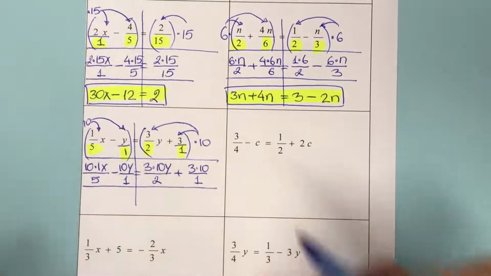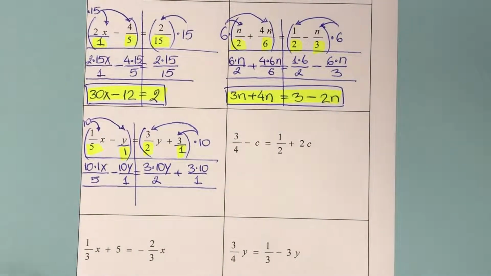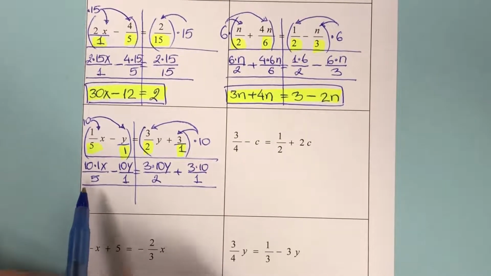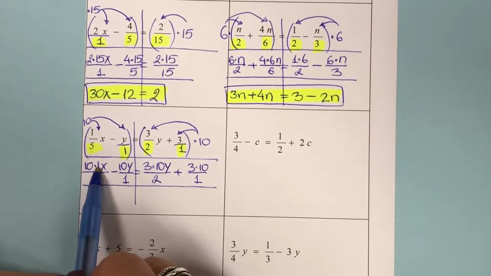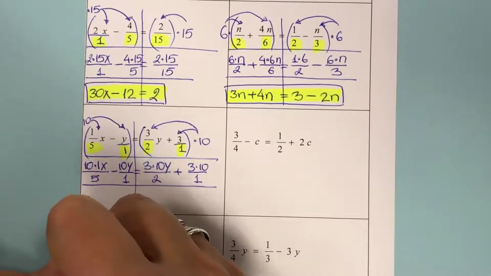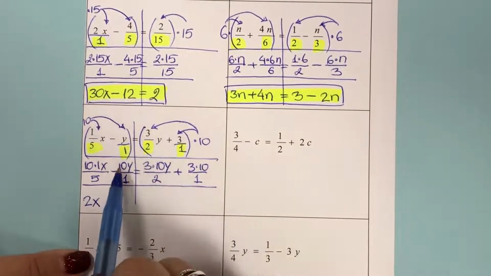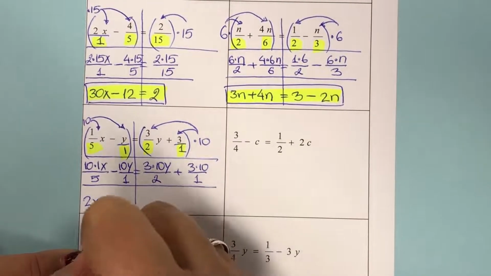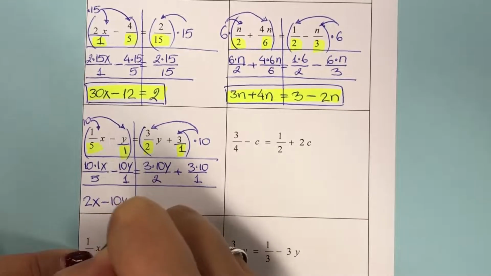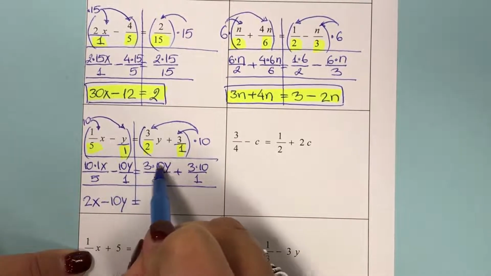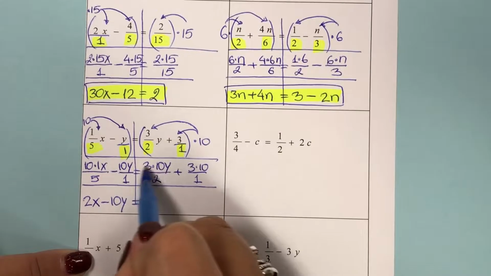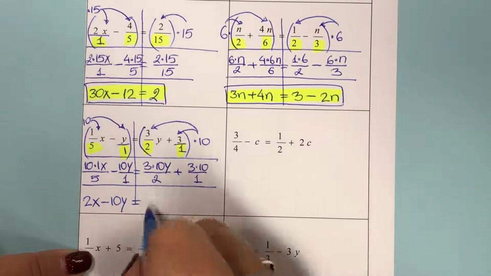Denominators stay, numerators we multiply. Simplifying clears out the denominators. So 10 times 1 is 10, divided by 5 is 2. That will be 2x, minus 10 divided by 1 is 10. 10 times 3, 30, and then divided by 2, 15.